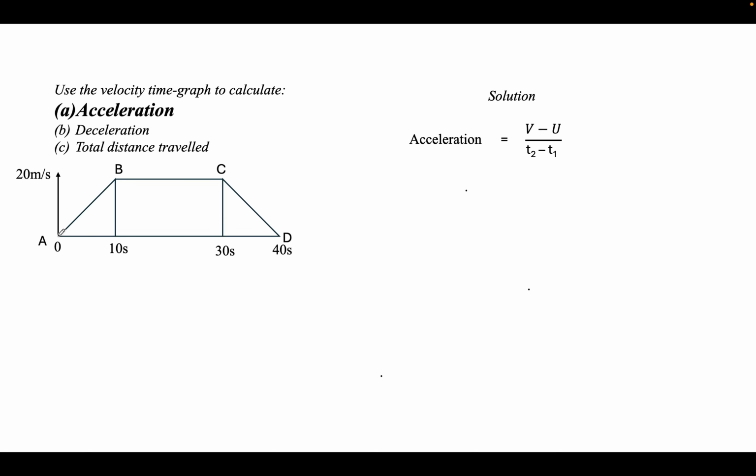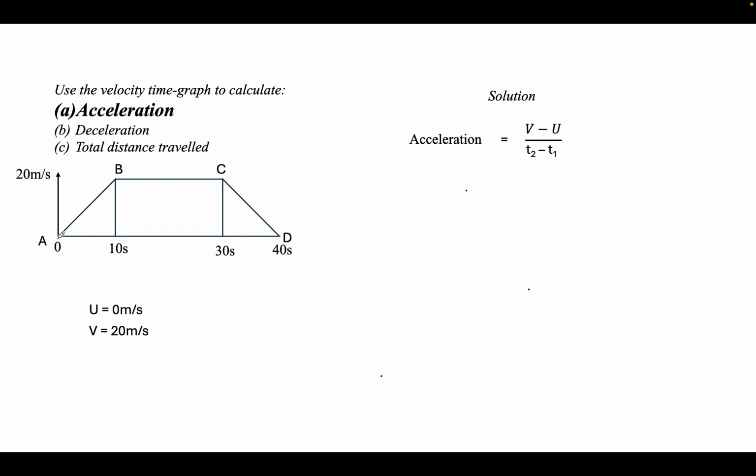So as we can see here, the value here is 0, so our initial velocity is 0. So the object accelerates to this point, that is point B, with a velocity of 20 meters per second. So our final velocity is 20 meters per second.